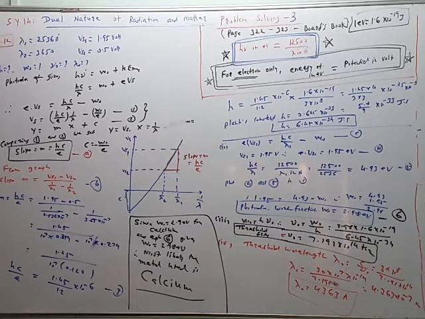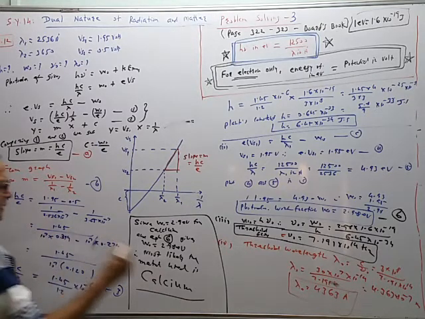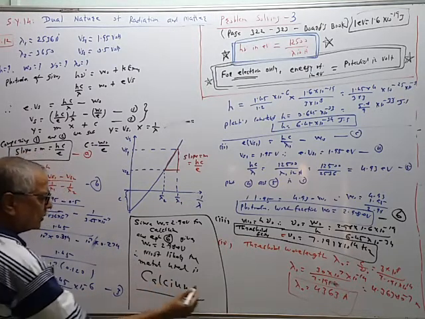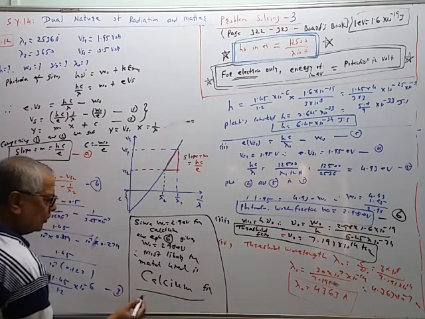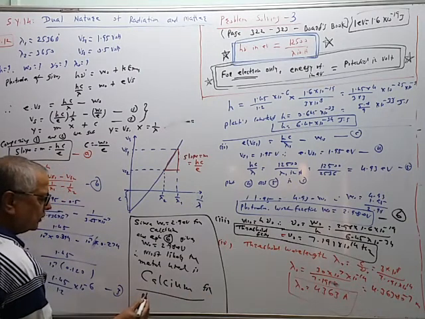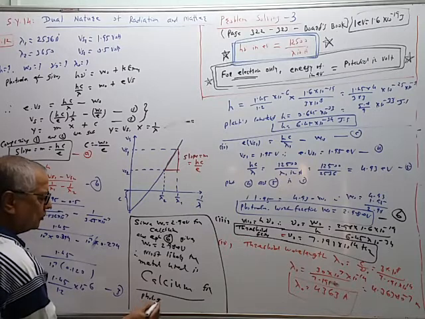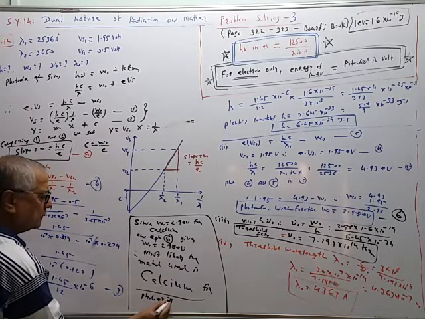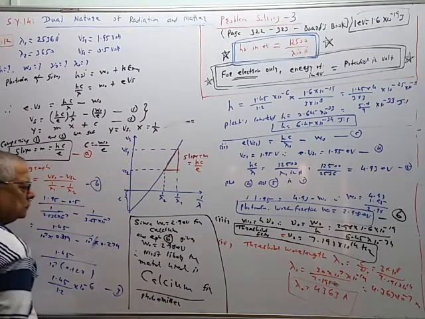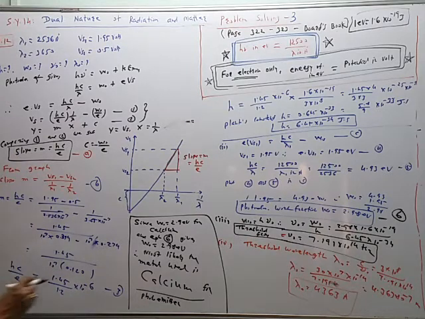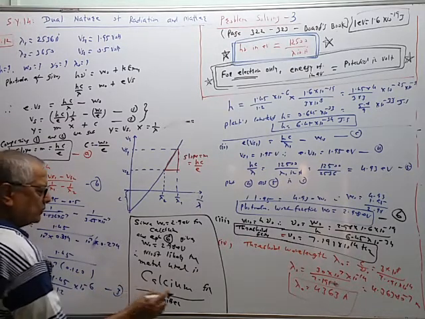The metal used is calcium for the photocathode, or photoemitter, the emitter or cathode.